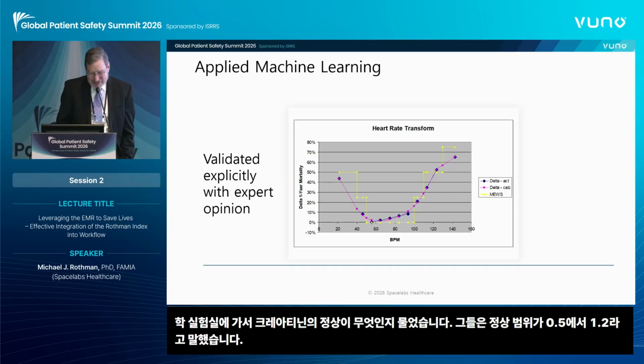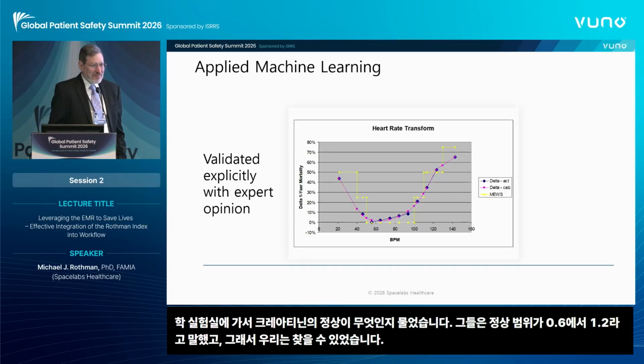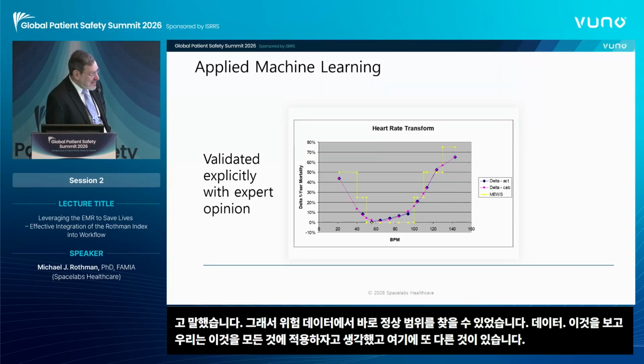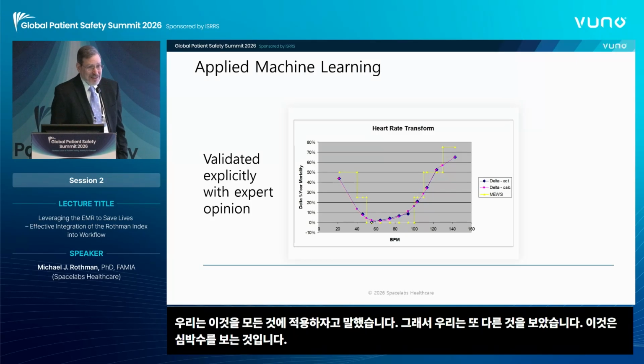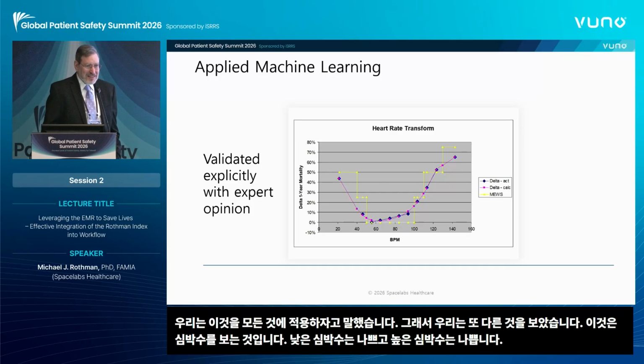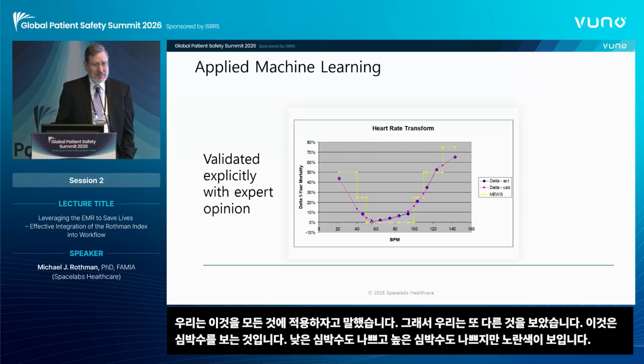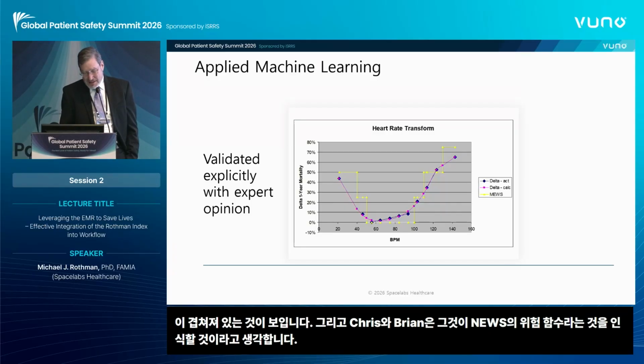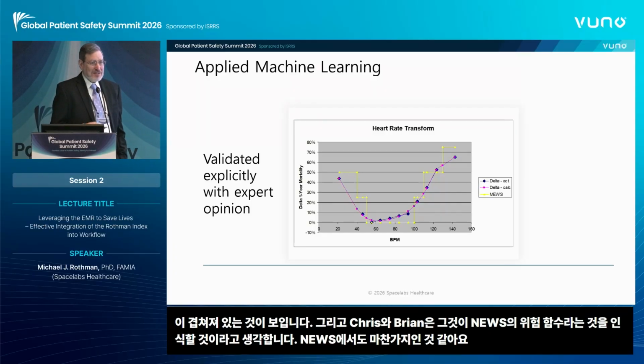Once we saw this, we said, okay, let's apply this to everything. Here's another one. This is looking at heart rate. Low heart rate is bad, high heart rate is bad. But you see the yellow line superimposed there, and I think Chris and Brian would recognize that. That's the risk function from Muse, I think it's the same in News, for heart rate, which says that between 50 and 100 beats per minute, there's no extra risk.